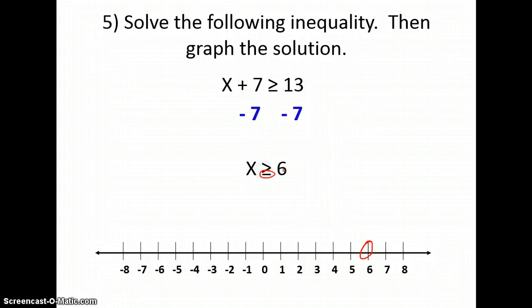Yes, it can, because it's greater than or equal. So that tells me that I need to shade in this circle. Now x has to be greater than or equal to 6. So is 5 greater than 6? No, it is not. Is 7 greater than 6? Yes, it is. So I'm going to shade in the direction of 7.